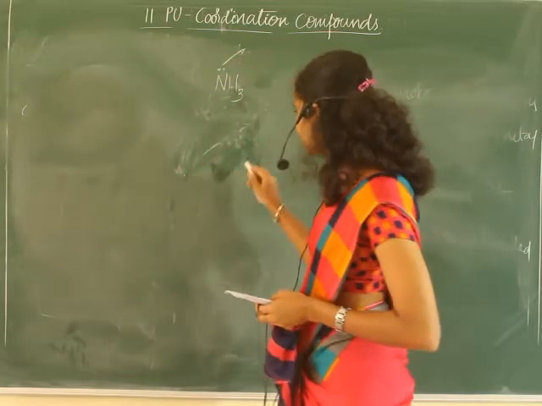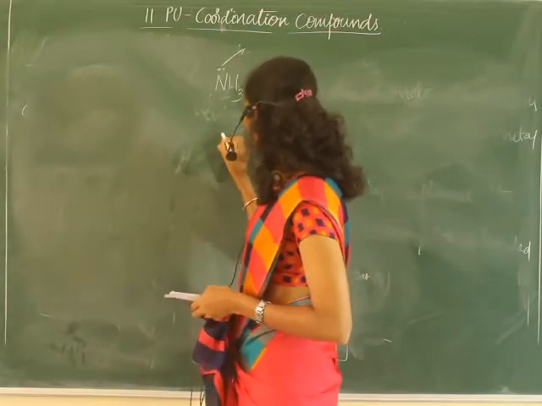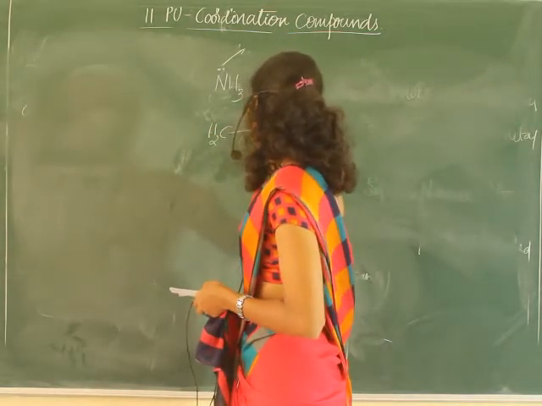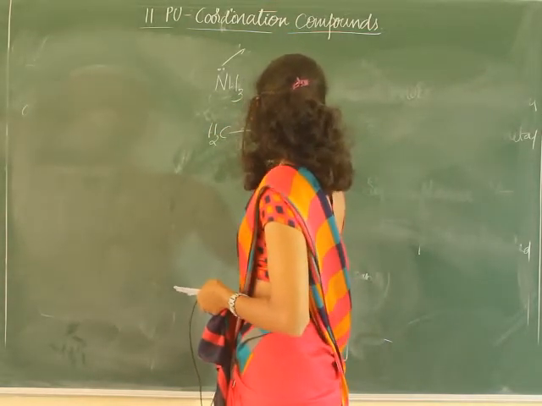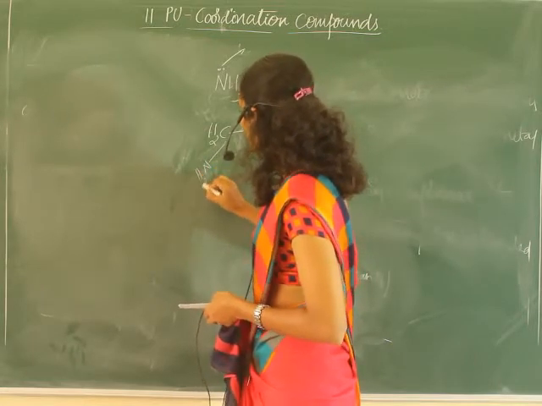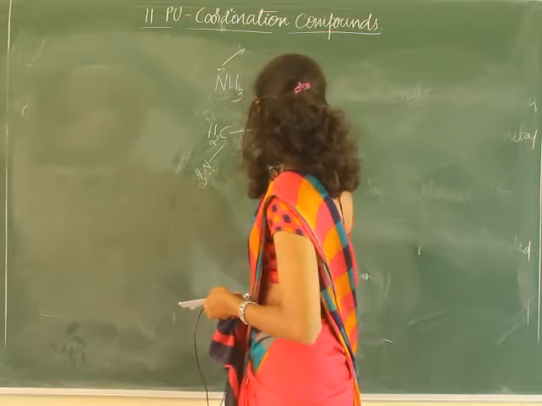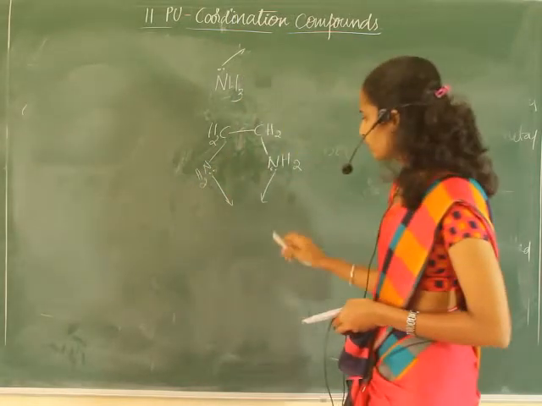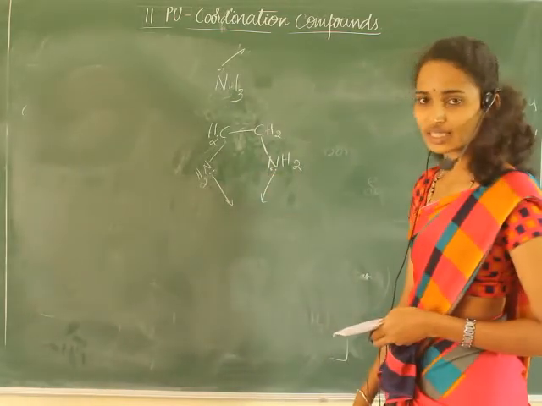Next, the ene group. What are ene groups? Ethylene diamine. This ethylene diamine can donate 2 pairs of electrons. It can coordinate like this, with 2 coordination sites.